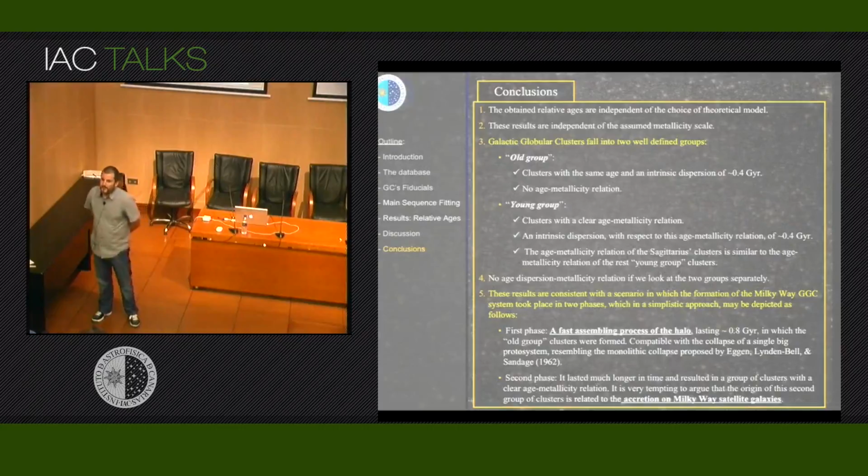That's very important, particularly with the Teramo ones that include the atomic diffusion.